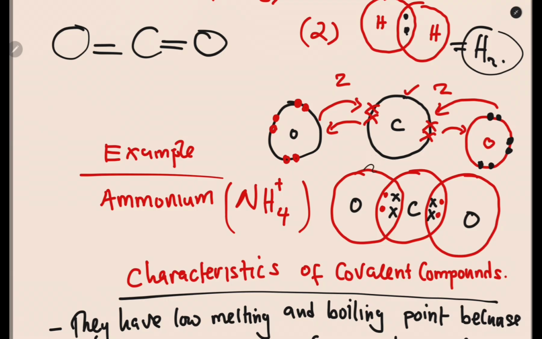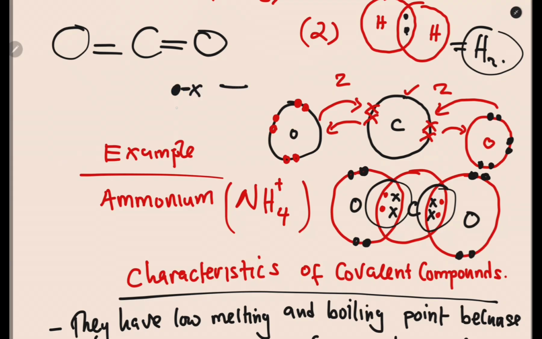But remember, each oxygen remains with 4 on its other side. If we count the electrons on oxygen, you also count the ones they are sharing, which are 4 here. So 4 plus 4, 8. Also the other side, 4 plus 4, 8. So oxygen and oxygen are stable. But carbon in the middle, you count these and these: 4 plus 4, 8. And that is how carbon dioxide forms. Since this is contributing one, and this one also, this is one bond.